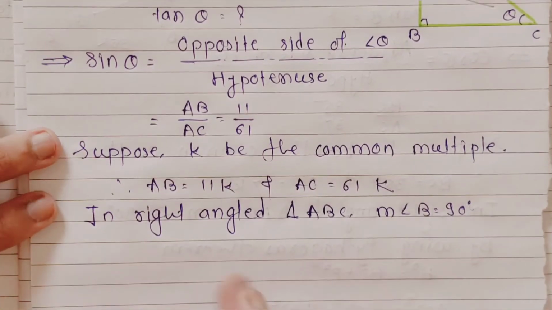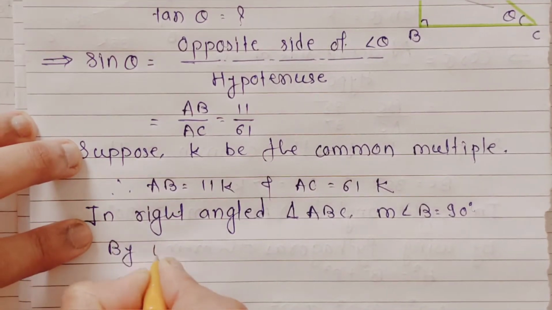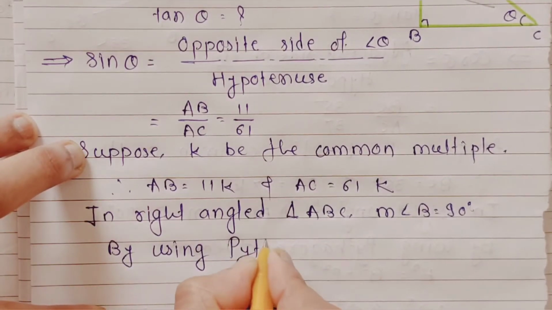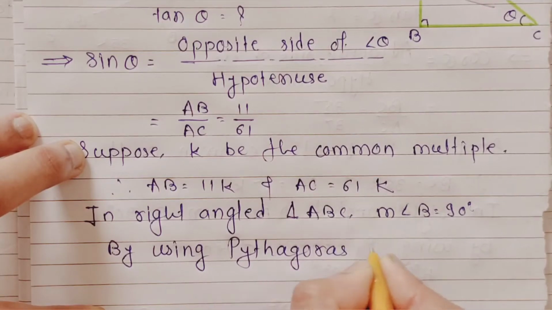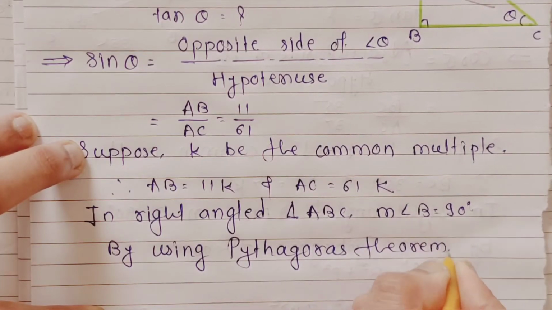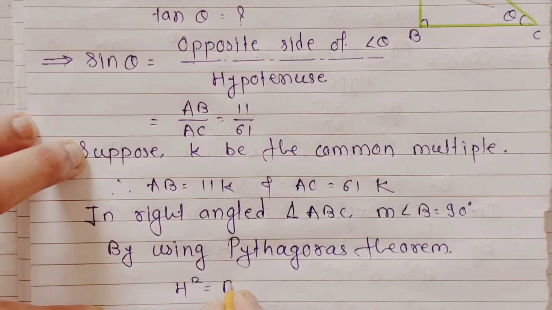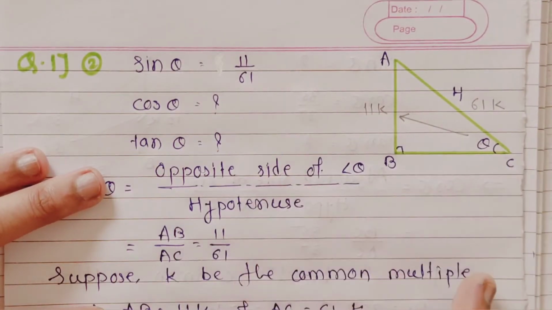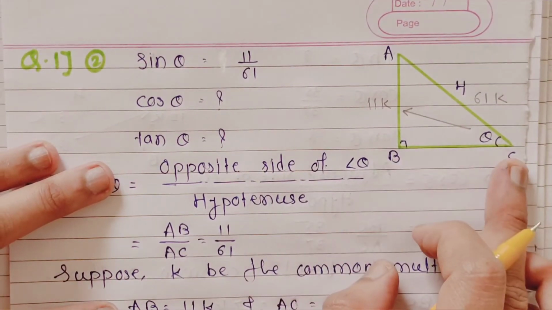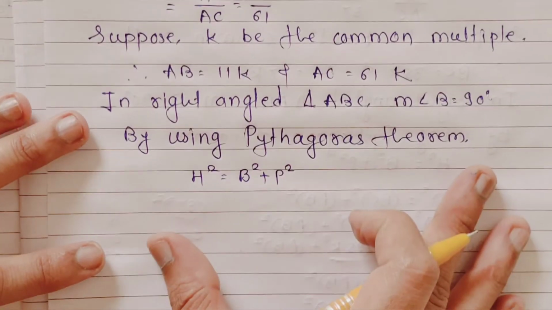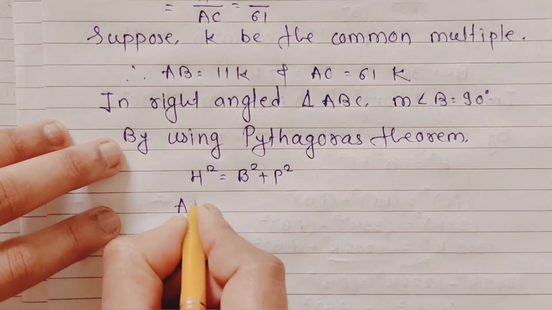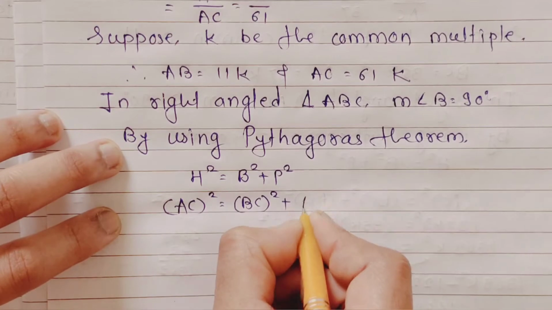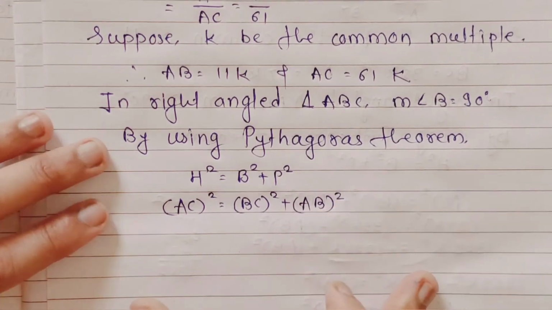So therefore, by using Pythagoras theorem, hypotenuse square is equal to base square plus perpendicular square. Is it clear? See the figure. Hypotenuse square, that means AC square, is equal to base square, that means BC square, plus perpendicular square, that means AB square. So simply let us put the values.